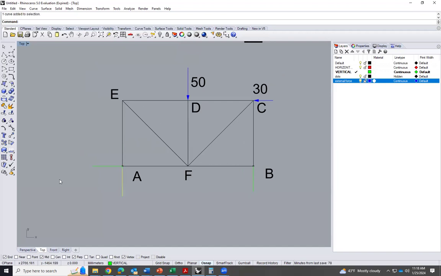Okay, so I'm going to apply an arrowhead, and I want this to go up, and I'm going to copy this one here.